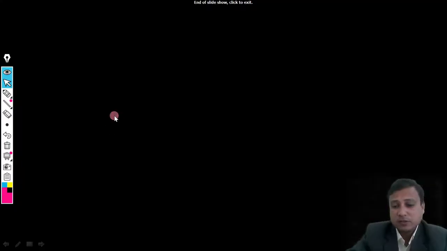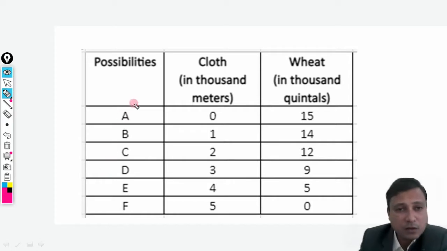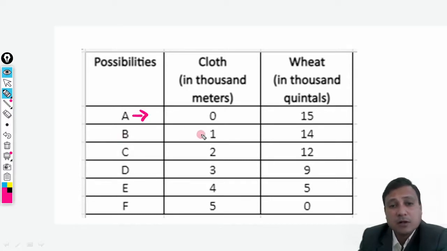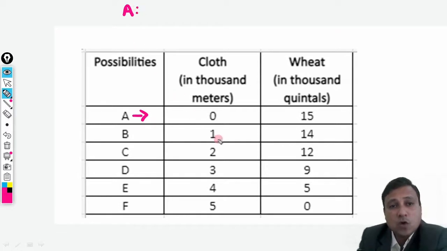I'll explain it to you with the table. Now here is the table of different combinations of the two commodities that we are producing using all our resources. In this, if I talk about possibility A, using all my resources, my country is able to produce 15 wheat, no clothes.